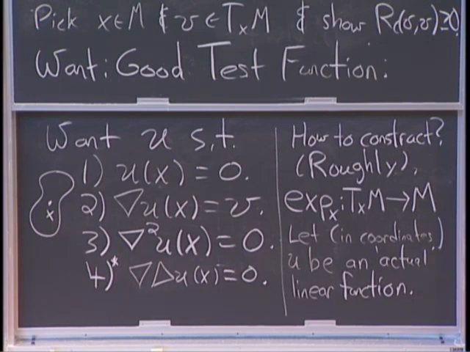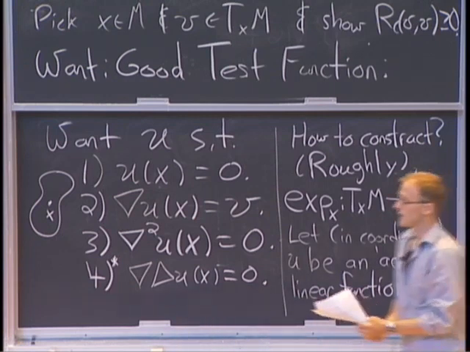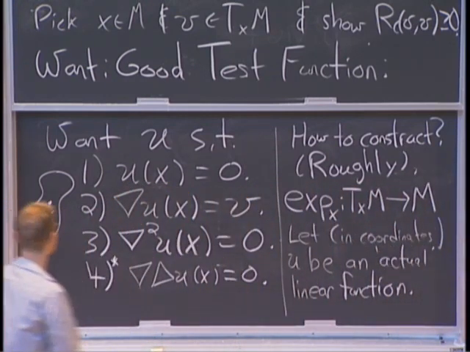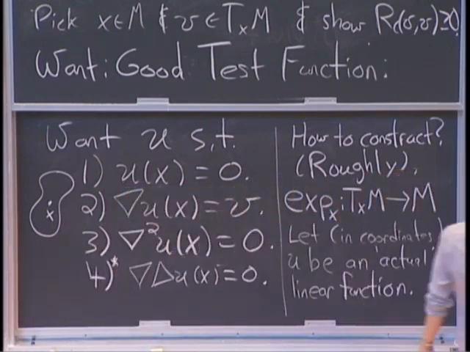OK. So with that sketched out, how do we use such a u? Obviously what we want to do here is just plug u into this formula and see what happens. But more specifically, what we really have to do here is take an asymptotic expansion.